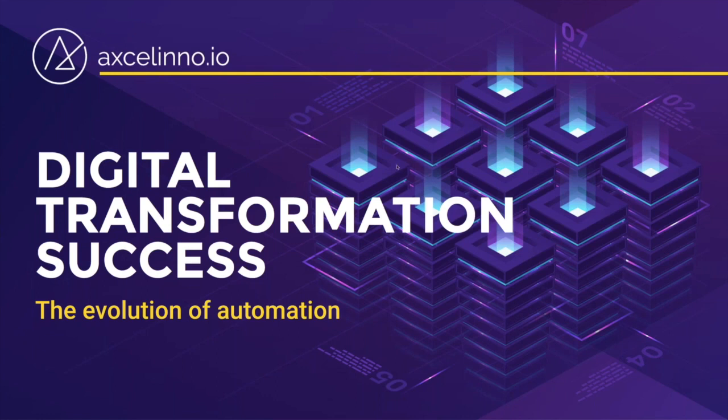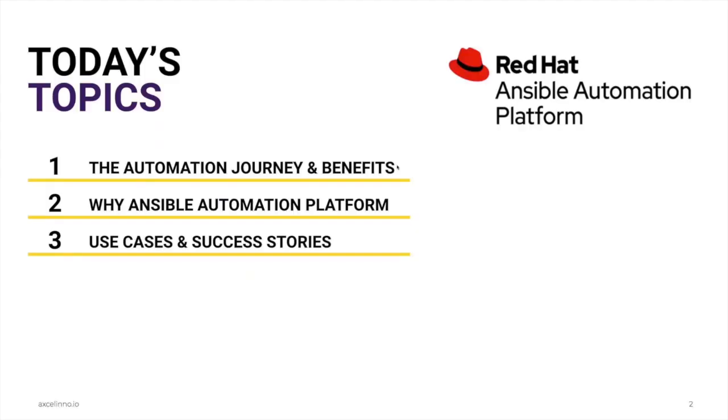So three things we really want to talk about today. One is the automation journey and what are the benefits, what's that look like? I'm sure some of you are either through that journey somewhere on the spectrum, or maybe have not yet started. Maybe you're doing some planning. So again, somewhere within that.